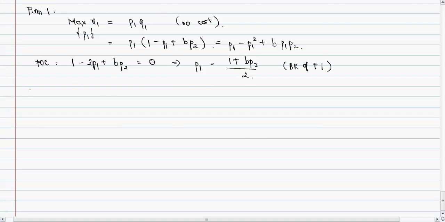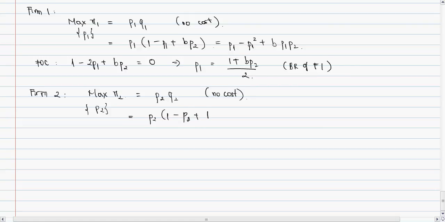Now similarly for firm 2. Firm 2 maximizes its profit by choosing the price P2, and the profit is P2 multiplied by Q2 because there are no costs of production. P2 is the variable firm 2 chooses, and Q2 is 1 minus P2 plus B of P1.